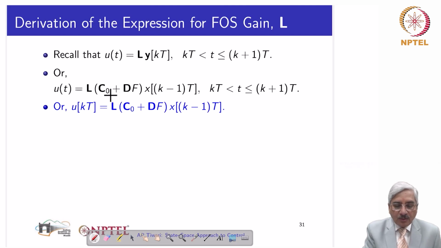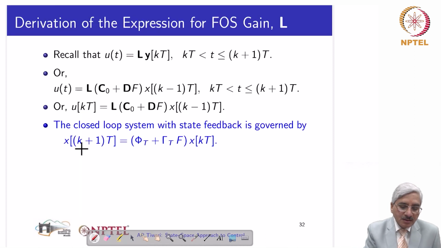Because during the entire interval the input is constant, we substitute t equal to kt, and so u(kt) is given by this expression.